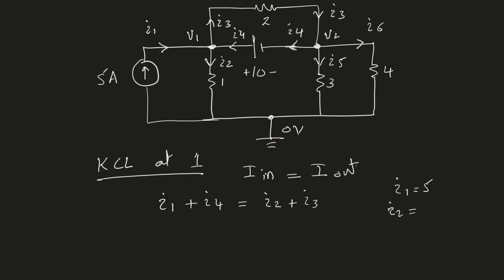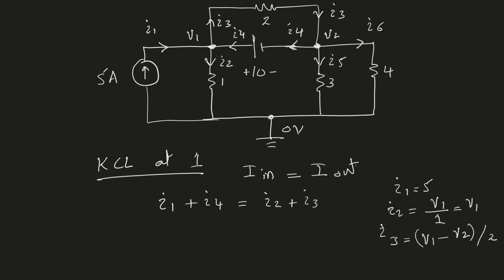The high voltage is V1, the low voltage is 0. So I2 is V1 minus 0 divided by the 1 ohm resistor. So it will be V1 divided by 1, which is equal to V1. This is the current I2. I3 similarly can be written as V1 minus V2, the whole divided by the 2 ohm resistor.